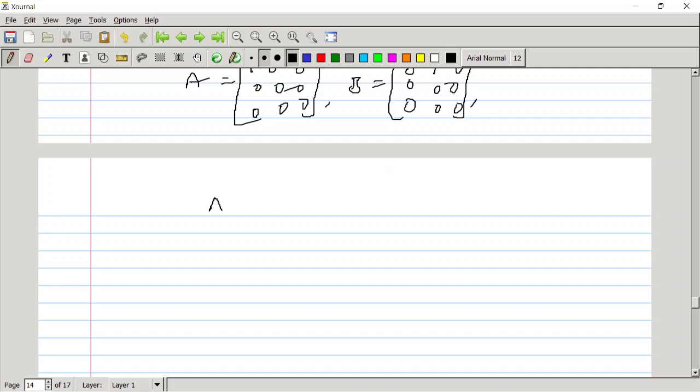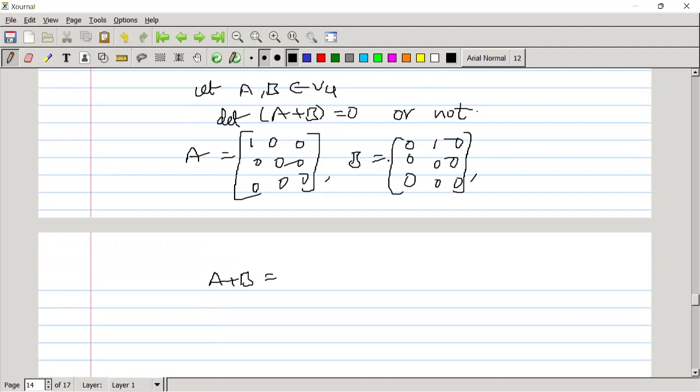Here we can check that determinant of A equals 0 and determinant of B is also equal to 0. That means A comma B belongs to V4.